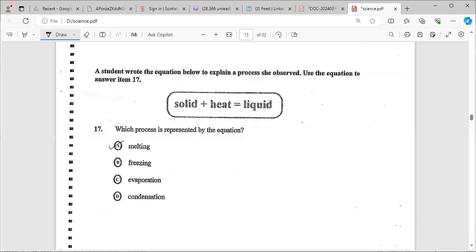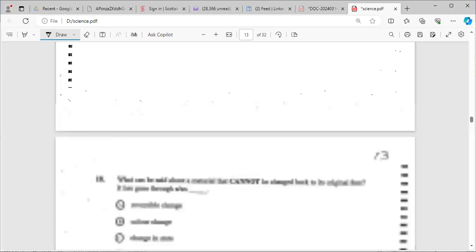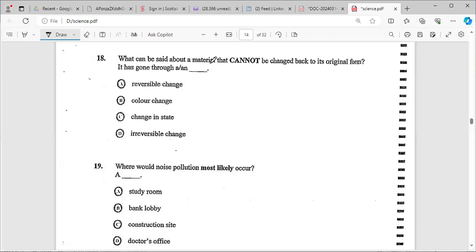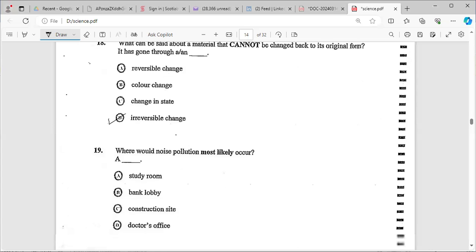Let's look at number 18. What can be said about materials that cannot be changed back into the original form? A. It has gone through a reversible change, B. a color change, C. a change in state, or D. irreversible change. Irreversible means you can't carry it back to the original state. All right, number 19.